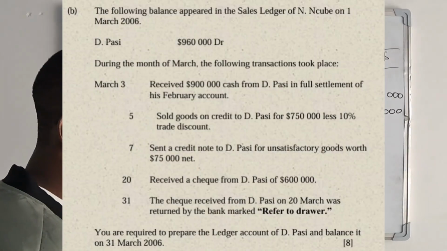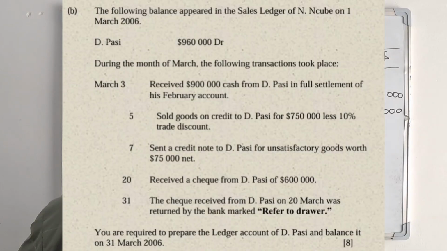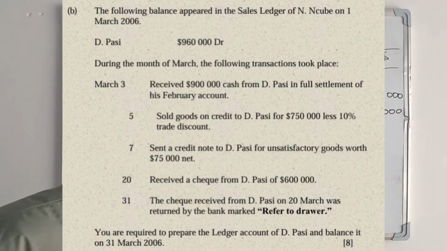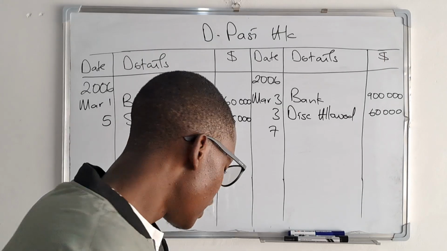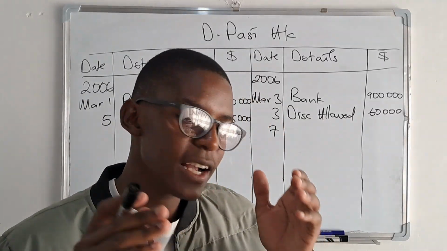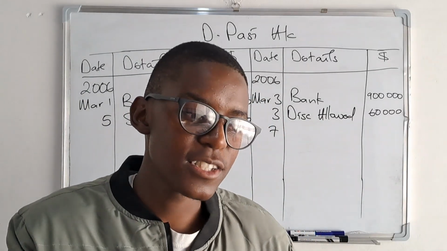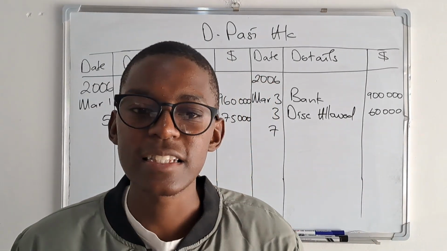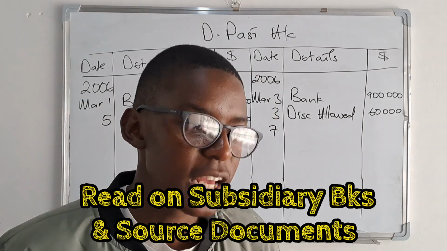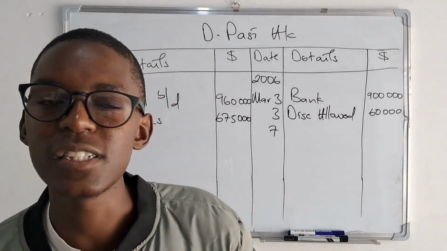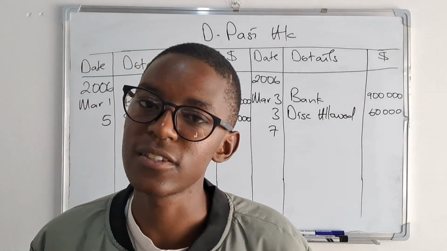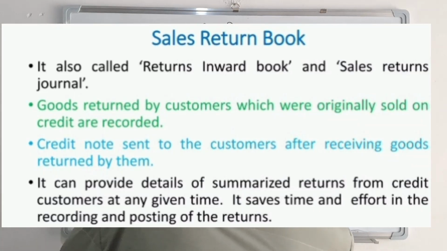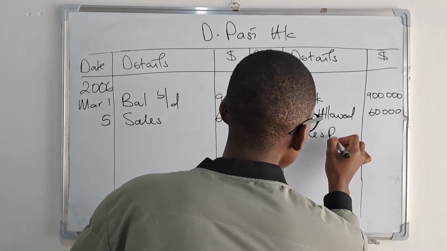Moving forward, on the 7th, sent a credit note to D Parsi for unsatisfactory goods worth $75,000 net. It means that if a customer is sent a credit note, remember when we were talking about the introduction in accounting, subsidiary books and their source documents, a returns inwards journal or sales returns has a source document of a credit note. It means that there were sales returns.